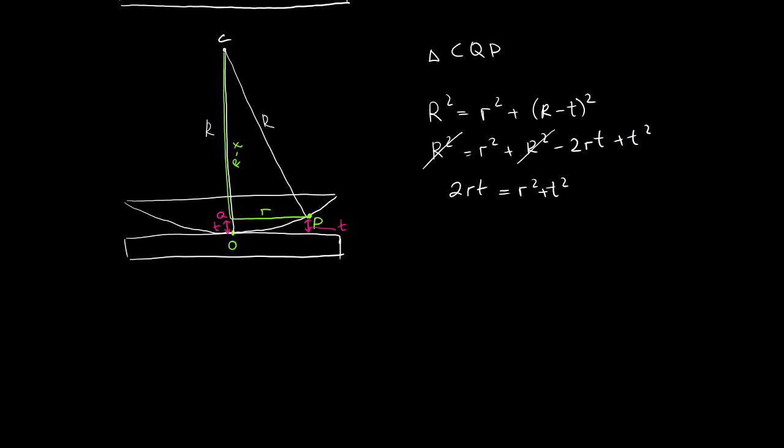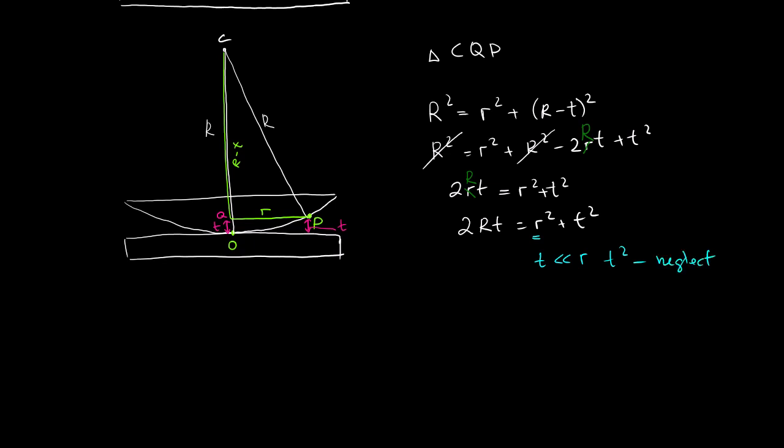I think you noticed as well that I made a little mistake in here. This has to be a capital R. So let me rewrite it nicer: 2Rt equals r squared plus t squared. Here our t is several wavelengths or something like that, while the ring radius, little r, is usually some millimeters. Because t is way less than r, we can neglect t squared.